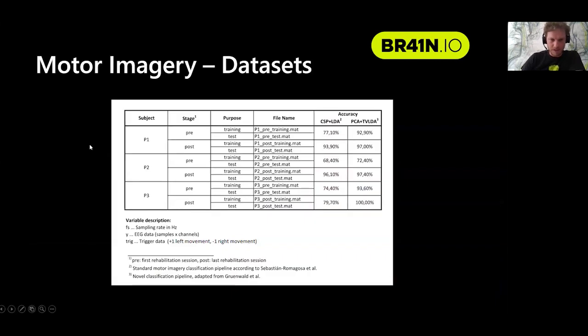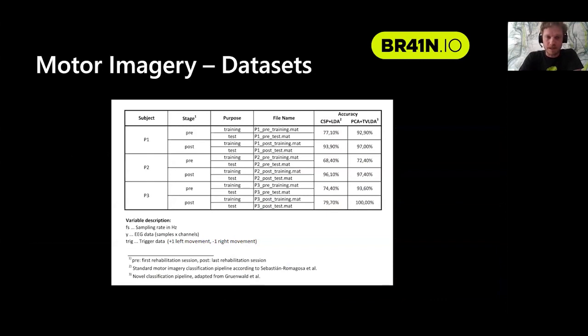We have provided data sets from 3 subjects, P1, P2, and P3, during 2 stages during the therapy. As you can imagine, such a therapy is not only 1 session, but really a couple of sessions throughout several months.